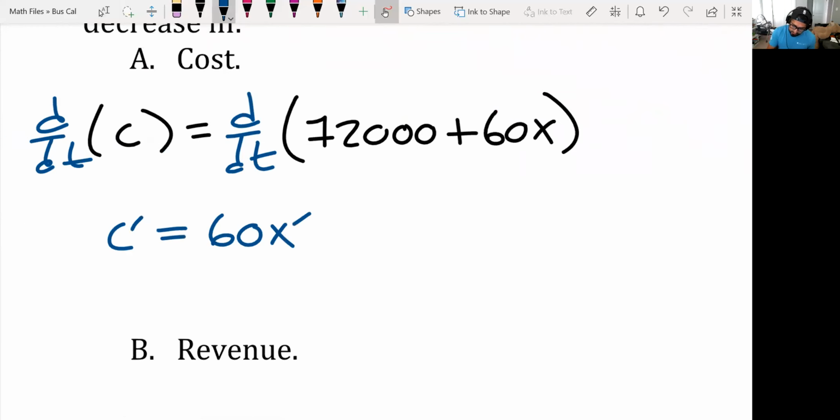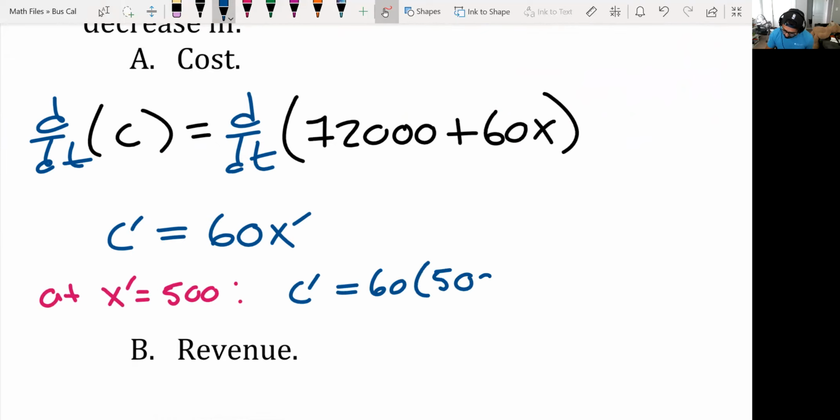So I'll say 60 times 500, we get 30, and then 1, 2, 3.